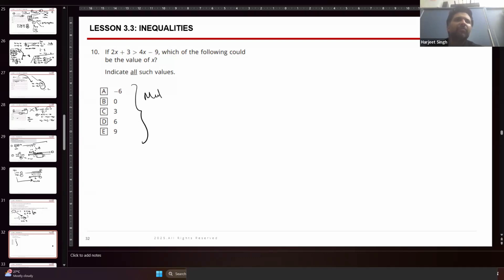Multiple choices are possible in this question type. You will only select multiple choices when this statement is given, indicate all such values. So this is another type of MCQ, a multi-choice MCQ.